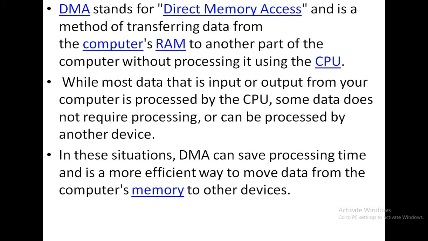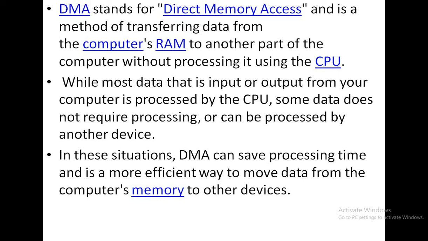That means when most data, that is input or output from your computer, is processed by the CPU, some of that data is not required for processing, or can be processed by other devices.